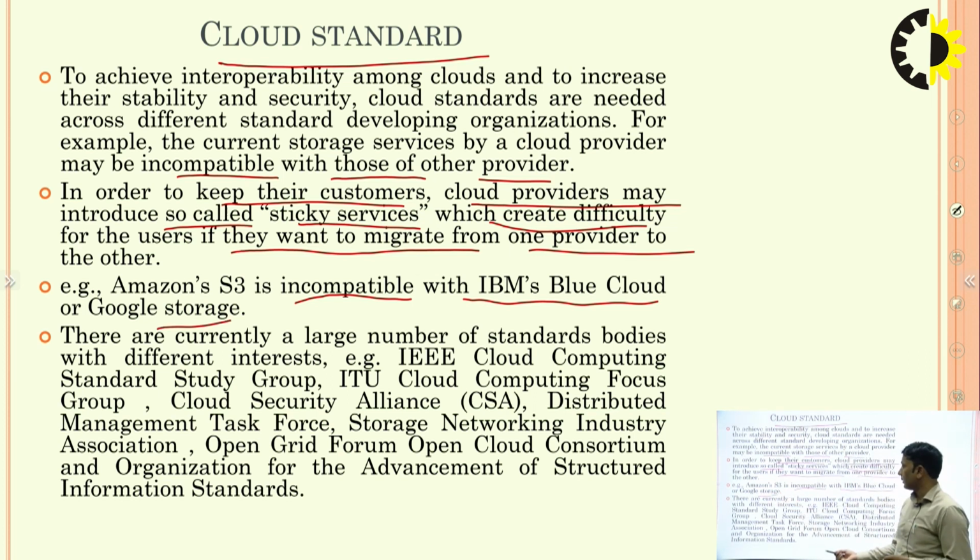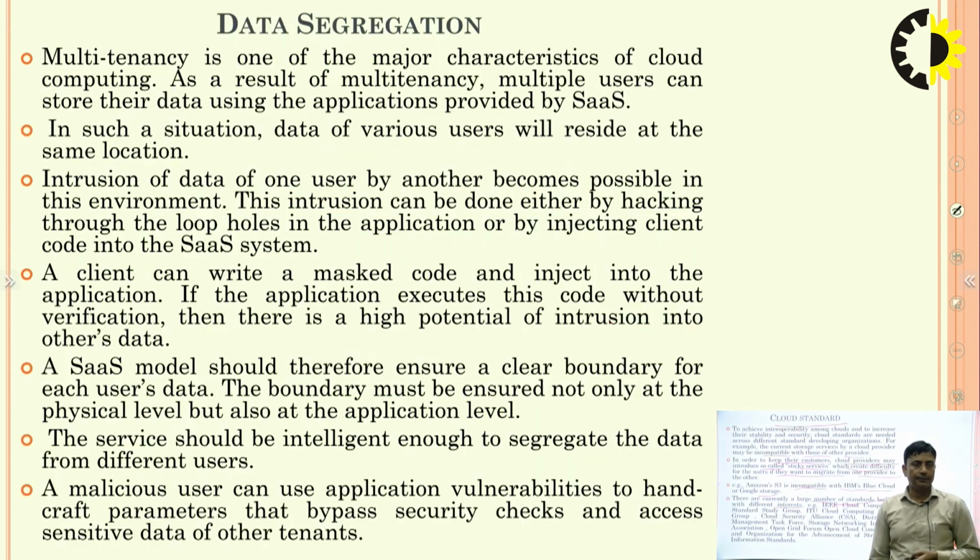There are currently a large number of standards bodies with different interests, for example, IEEE Cloud Computing Standards Study Group, ITU Cloud Computing Focus Group, Cloud Security Alliance (CSA), Distributed Management Task Force, and Open Cloud. These are standards formed keeping a particular goal, a particular objective in mind.